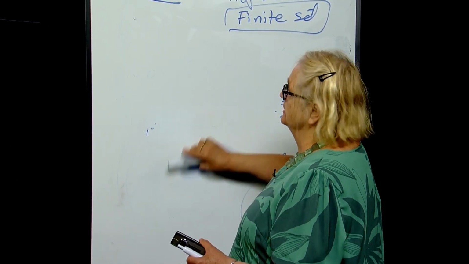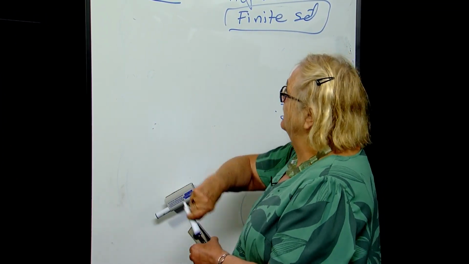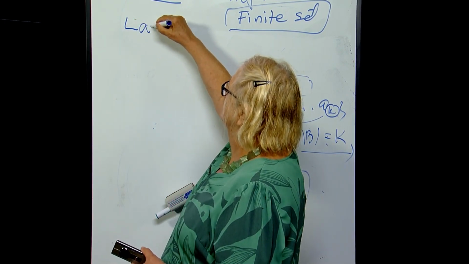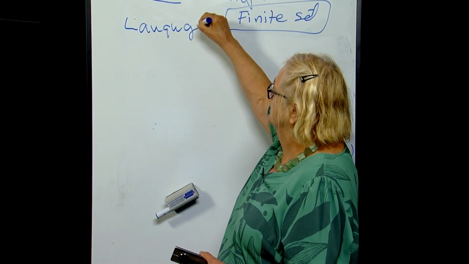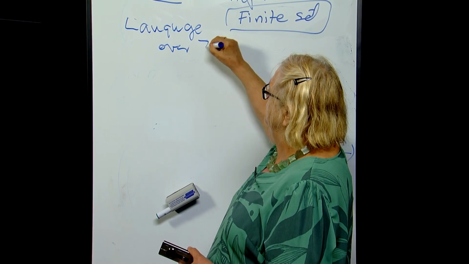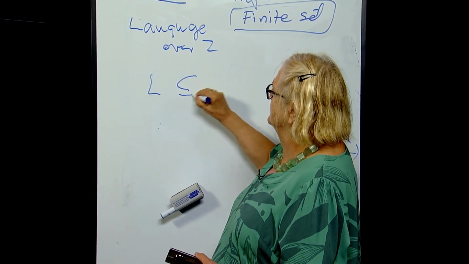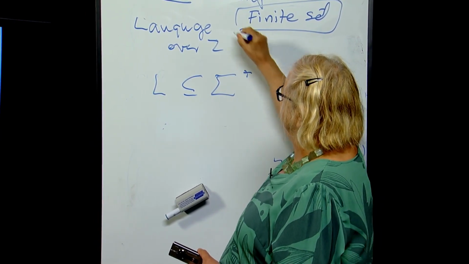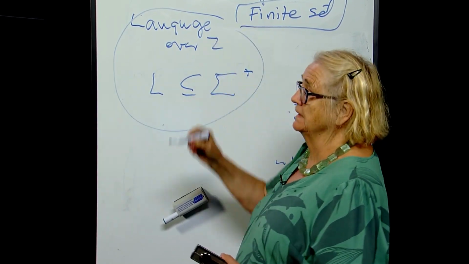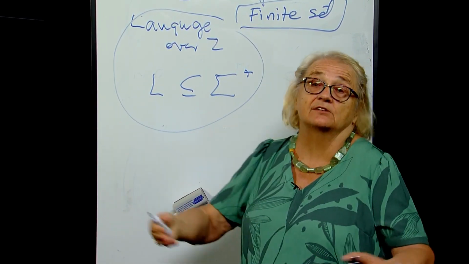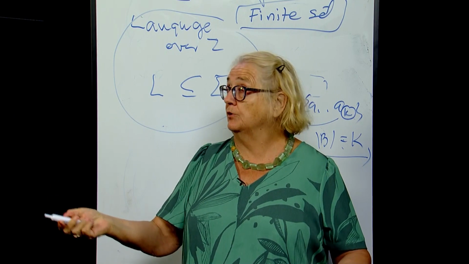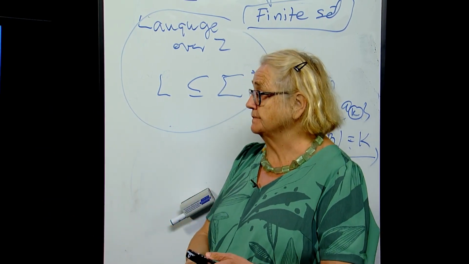And now you have sigma star, and we defined a language. A language over sigma is any subset of sigma star. So languages are sets of words, finite or infinite, any subset.